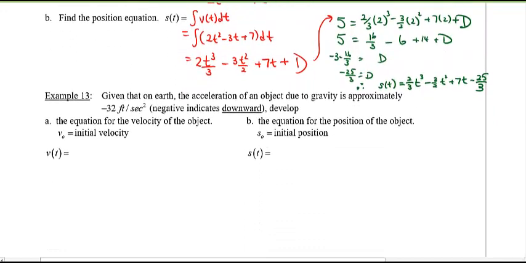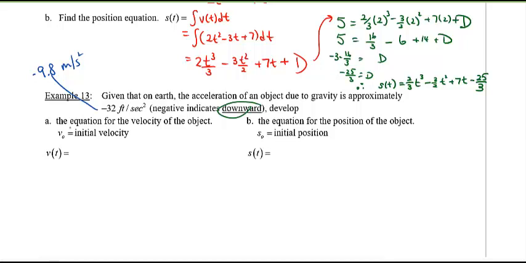All right, one last example. This one you might have seen from physics. Given that on Earth the acceleration of an object is negative 32 feet per second squared. We're putting a negative in front because it indicates a downward direction. But those of you in Canada, how about negative 9.8 meters per second squared. If that is my acceleration, can you figure out the equation for the velocity of the object?